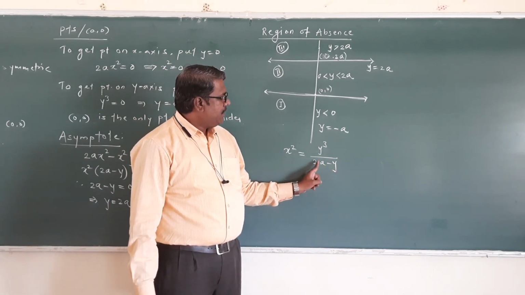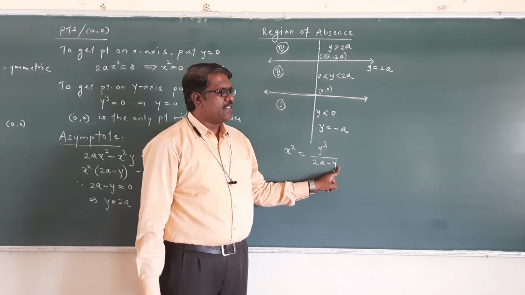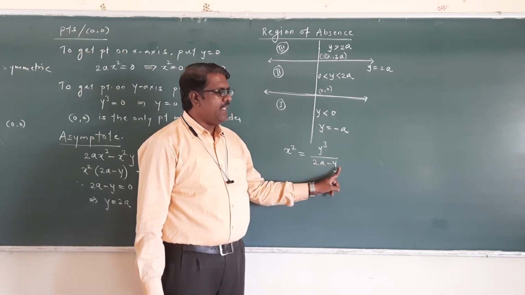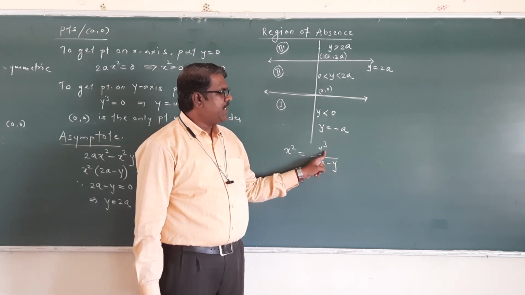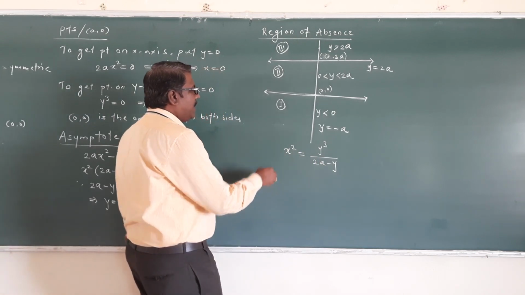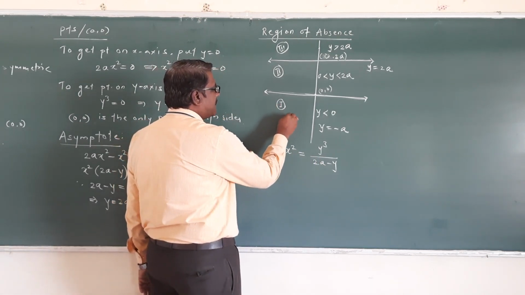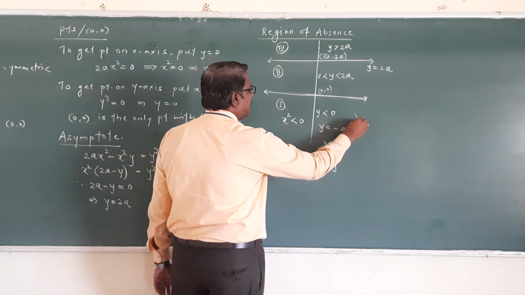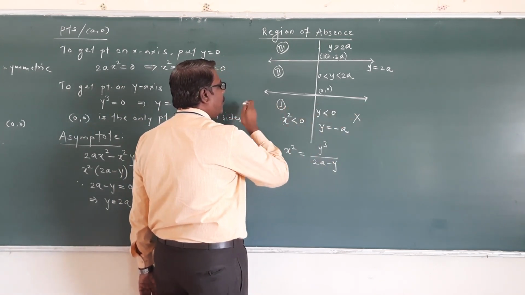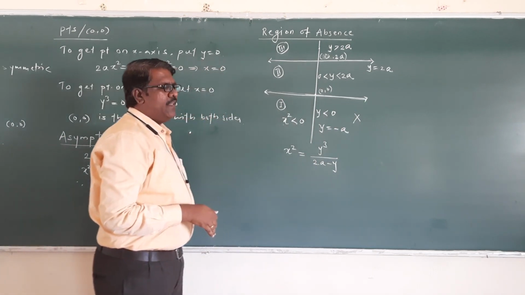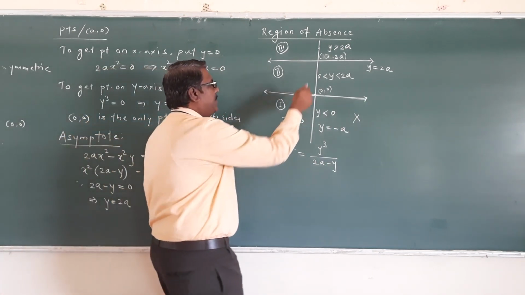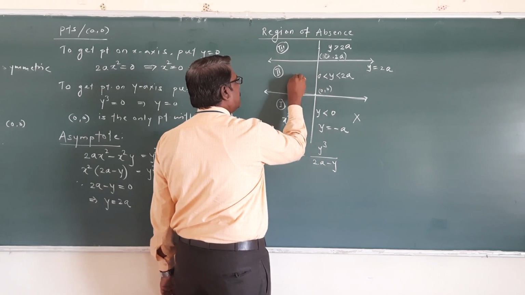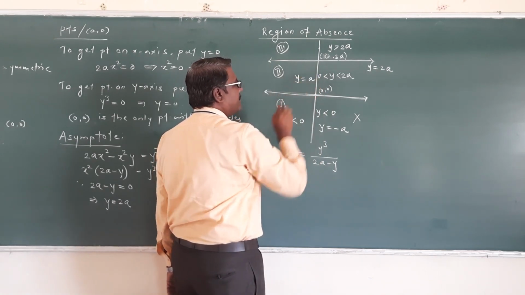And here 2a minus of minus a is 3a, which is positive, but the numerator is negative, and therefore in the first partition x square is negative. And if x square is negative, the curve is absent in this whole partition.